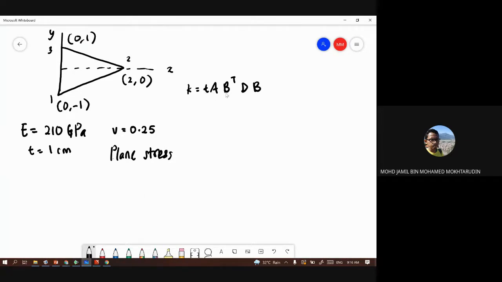We need A, matrix B, and then we transpose the matrix B, and we need our D, which is D for plane stress.